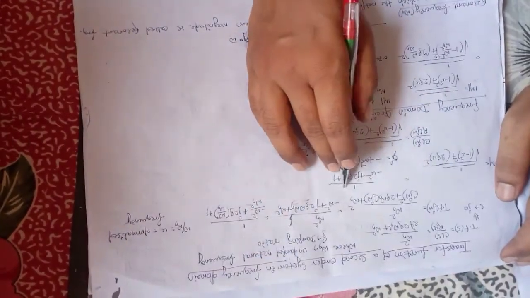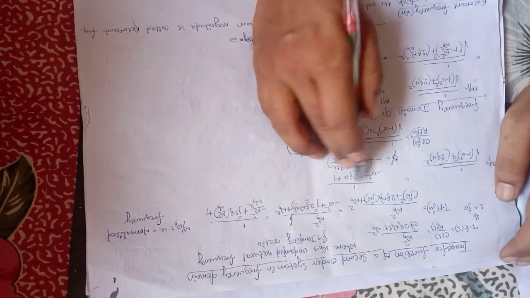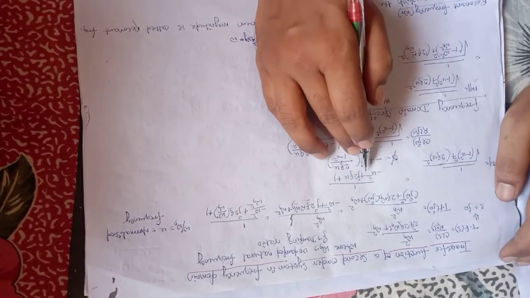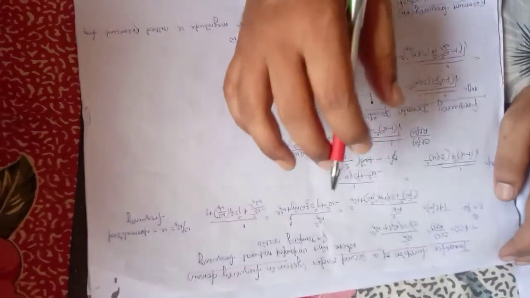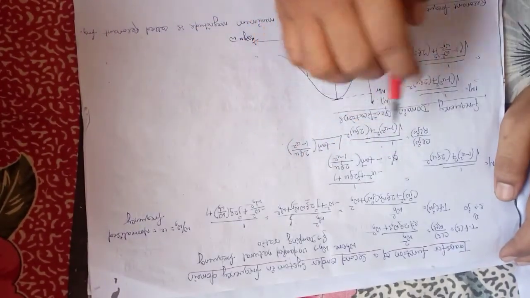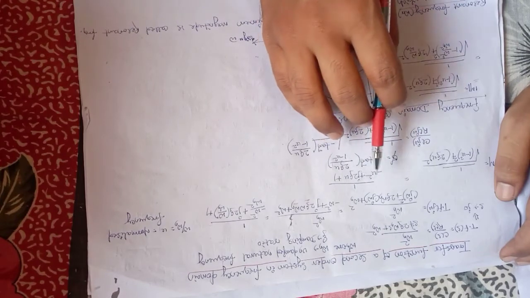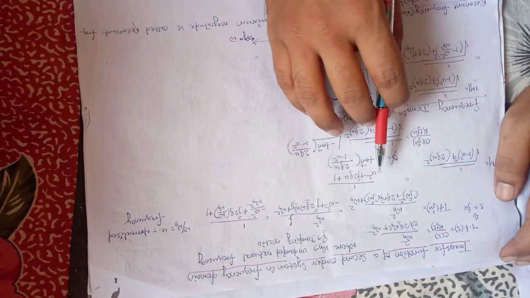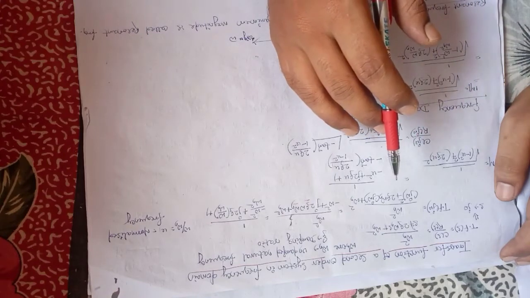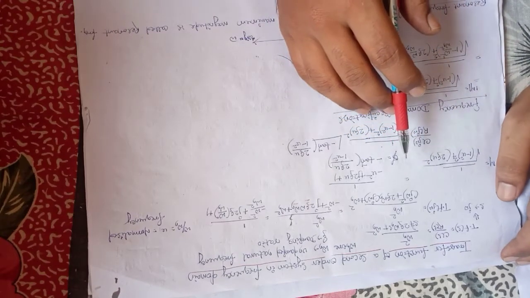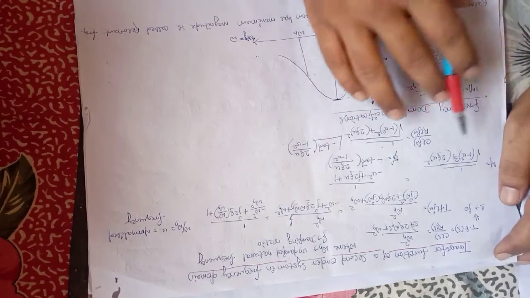Then I will get the transfer function as 1 by minus u square plus j 2 zeta u plus 1. The purpose of deriving the second order transfer function is that we will find the magnitude. As I already told, in the frequency domain it has both a magnitude and phase. So we will find the magnitude as well as phase.